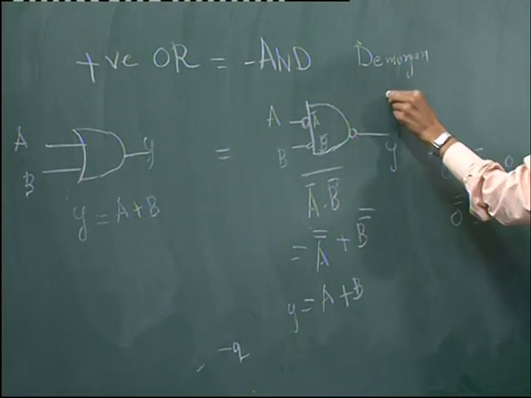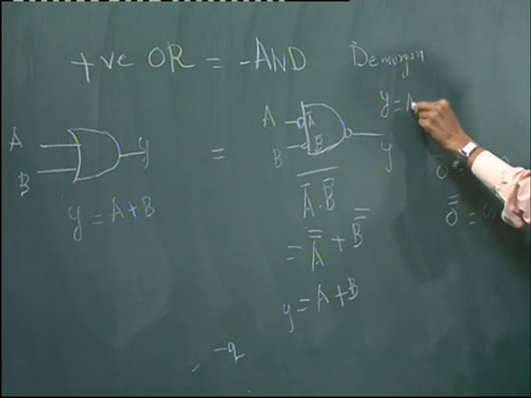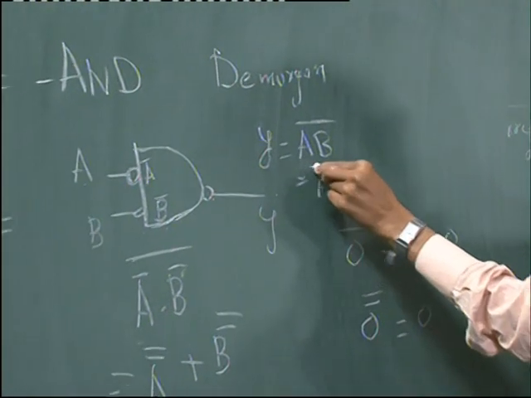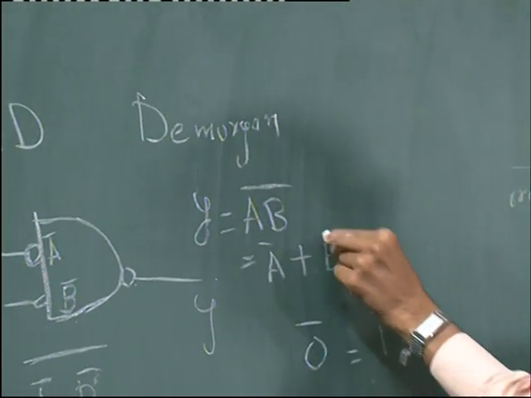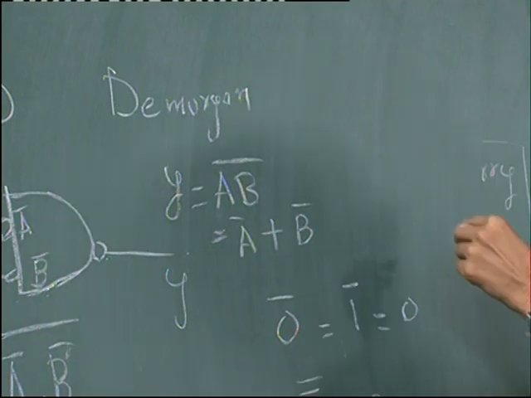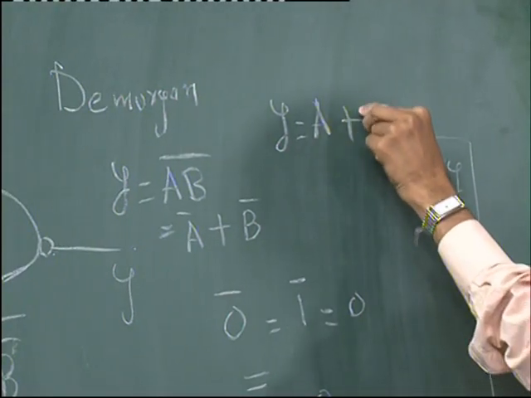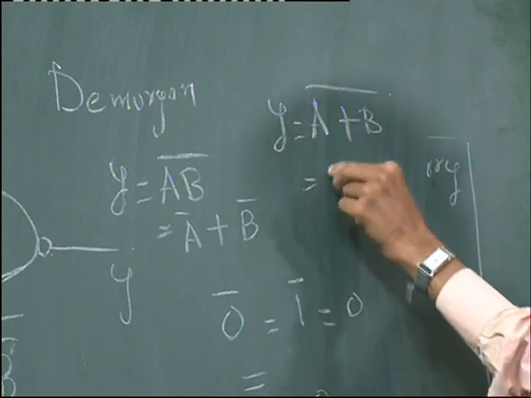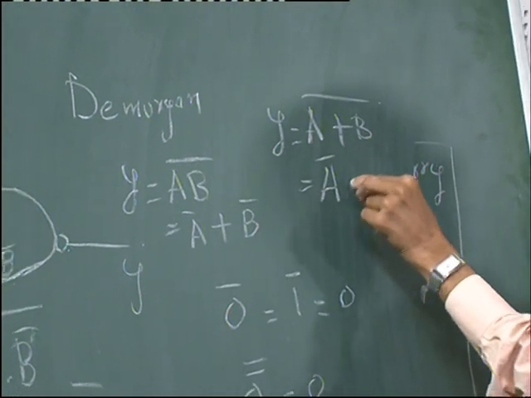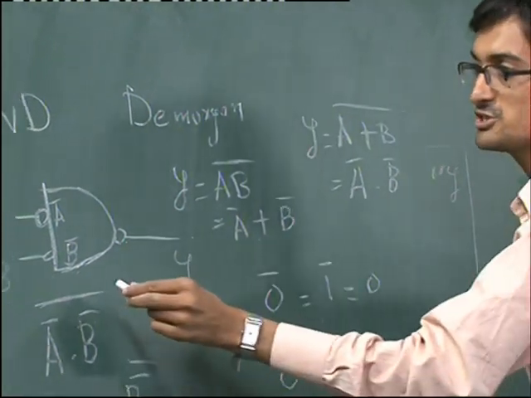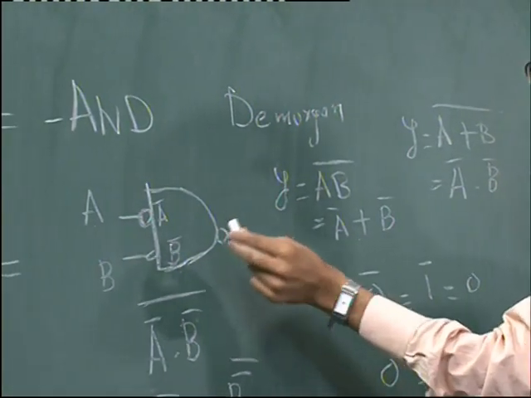De Morgan's first theorem: Y equal to (A B) whole bar is A bar plus B bar, the dot becomes plus. Second: Y equal to (A plus B) whole bar is A bar dot B bar, the plus becomes dot. If you know these two theorems, you can explain all four conditions.